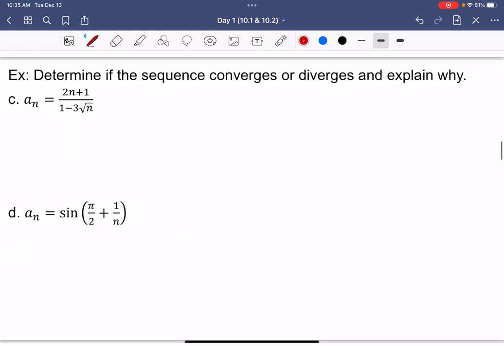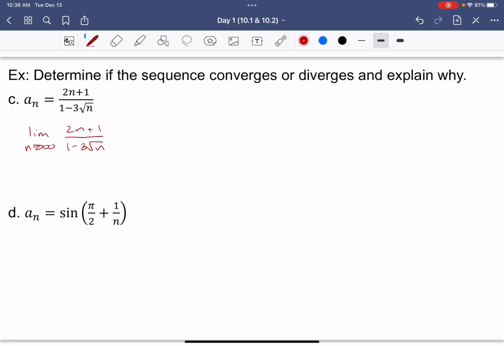Let's do 2 or 3 more to wrap up this first section. Part C. What if a sub n is 2n plus 1 over 1 minus 3 root n? Once again, same idea. It's a sequence and you're trying to determine if it converges or not. So I'm going to come right below and do the infinite limit of 2n plus 1 over 1 minus 3 root n.